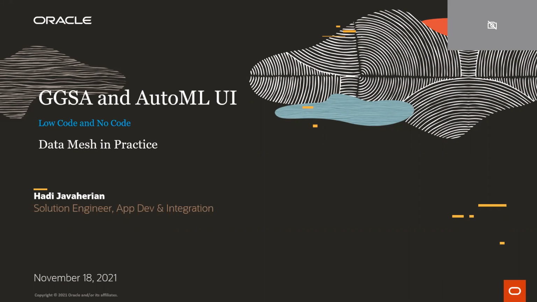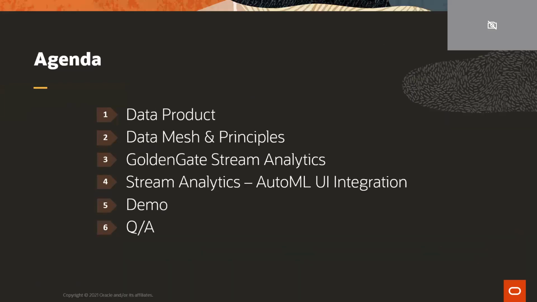But I wanted to first touch on how these two applications relate to the idea and concept of data mesh in general, and how they make integration possible in a data mesh architecture. Again, my name is Hadi Javaherian, solution engineer and specialist with AppDev and Integration from Oracle.